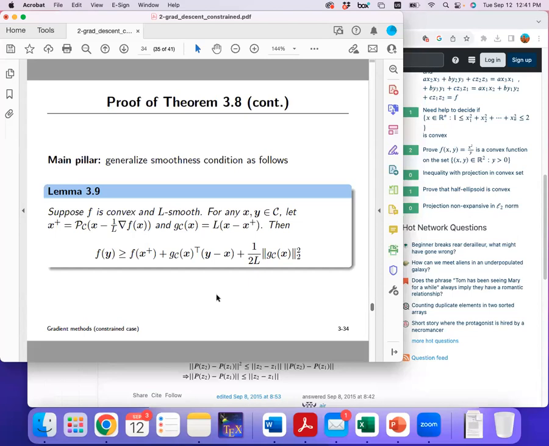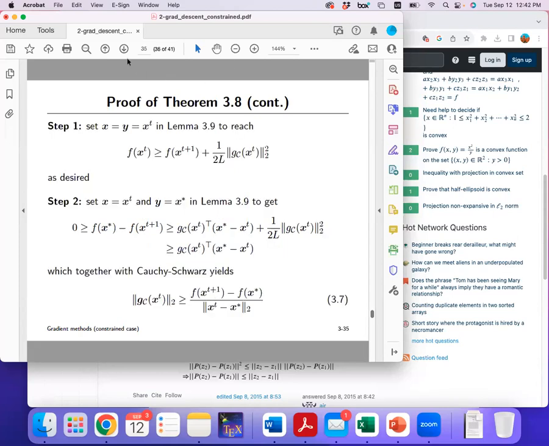And then last time we showed how to leverage this general result to prove the convergence rate. The idea is basically to set x and y to different parameters in that lemma, and then we will end up with different inequalities.